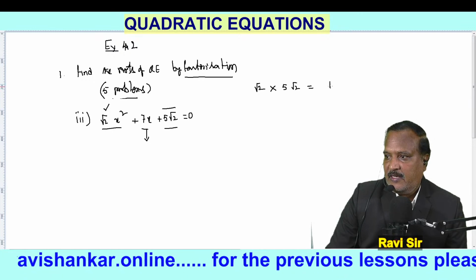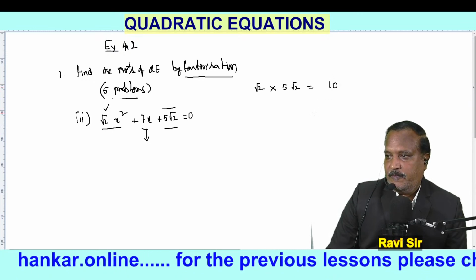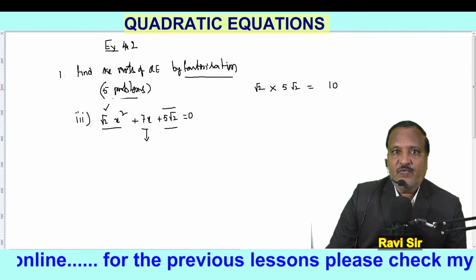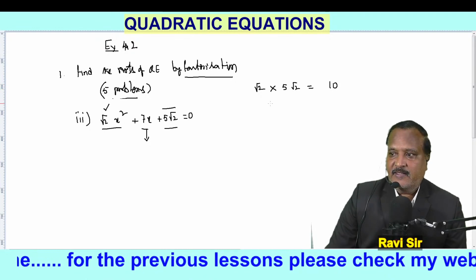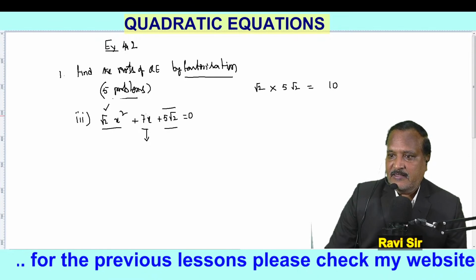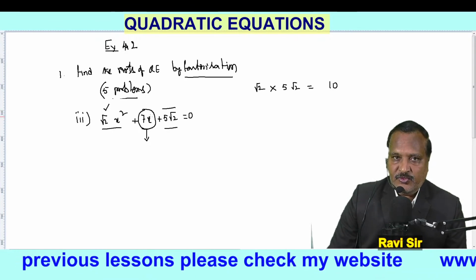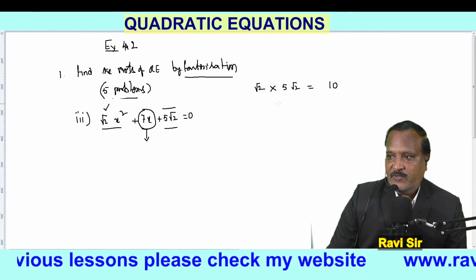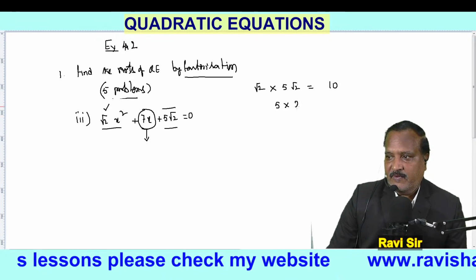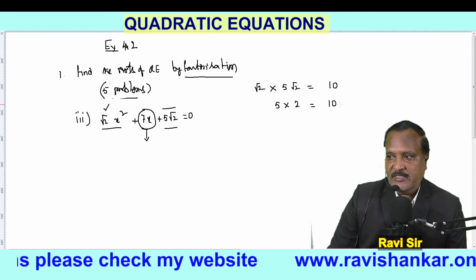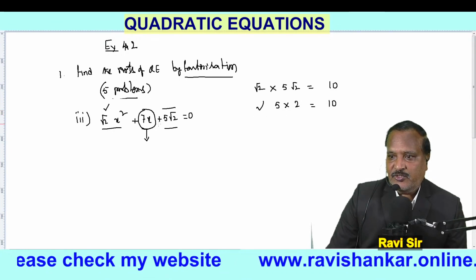Here root 2 into 5 root 2 is 5 into 2, which is 10. Because the middle term 7x does not have a root, we need rational numbers, not irrational numbers. 5 into 2 is 10 and 5 plus 2 is 7.